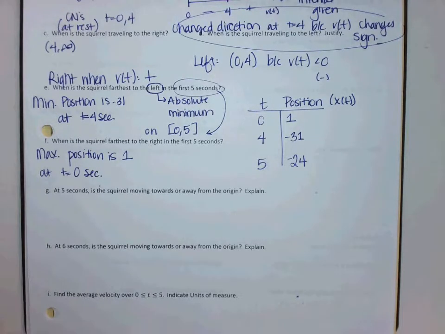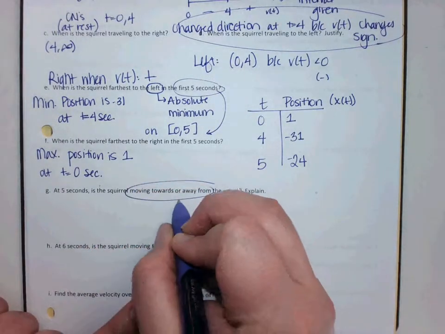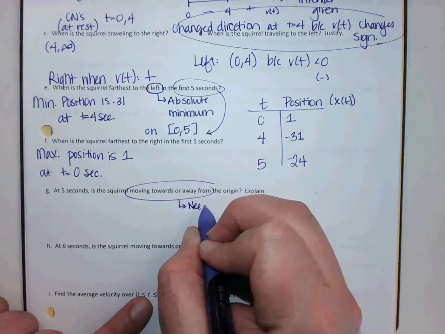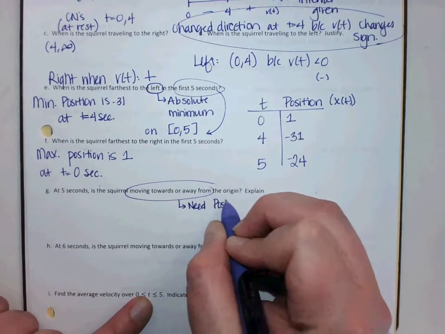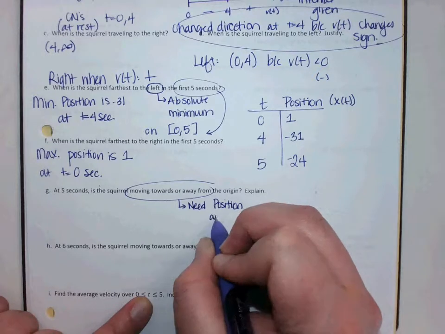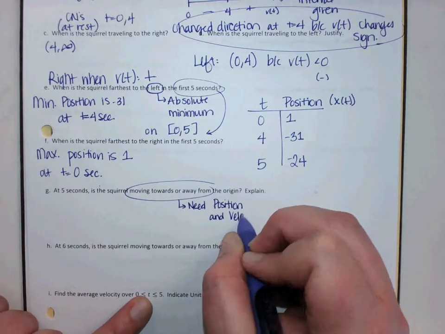At 5 seconds, is the squirrel moving towards or away from the origin? What 2 ingredients do you need to answer that question? At 5, we need the position and the velocity. So, towards or away, put here, you need position and velocity.